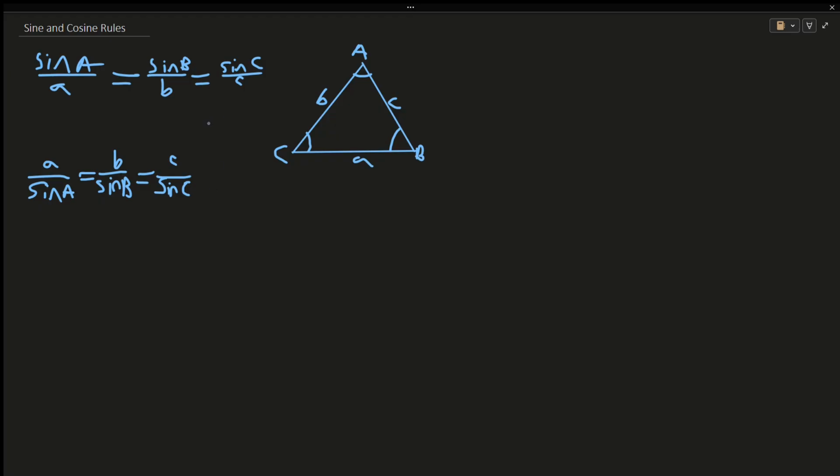We can use this one to find any missing sides. Now, the best way to demonstrate this is through an example. Let's just put this in the box just to highlight.